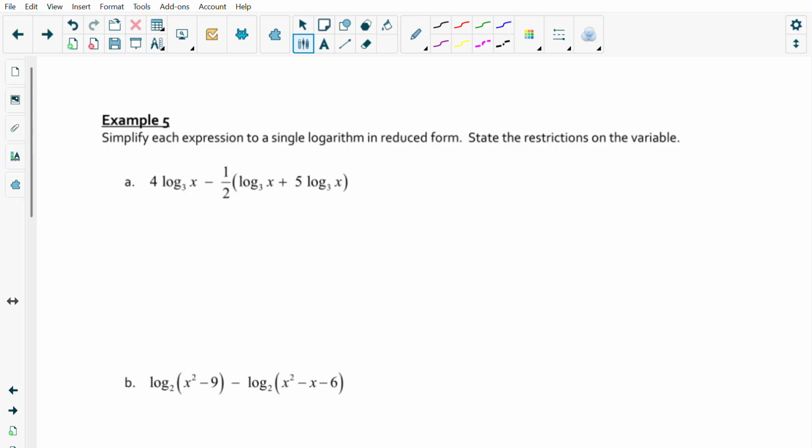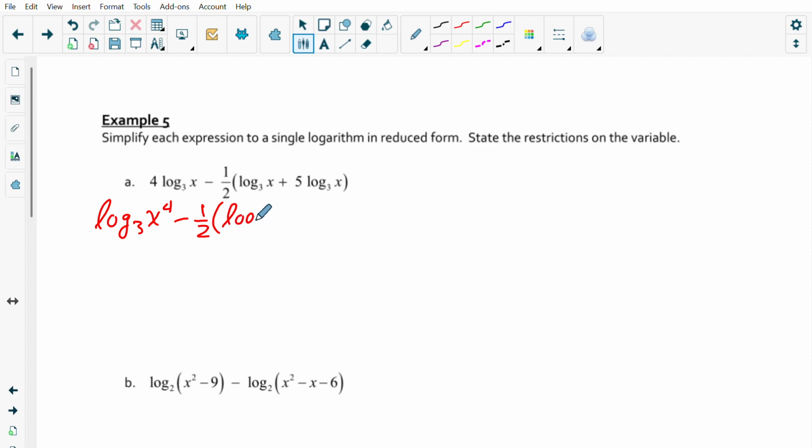4 log base 3 of x minus 1/2 log base 3 of x plus 5 log base 3 of x. Okay, let's simplify and reduce. So I'm going to apply the power law. So I'm going to make that an exponent, 4 minus 1/2.